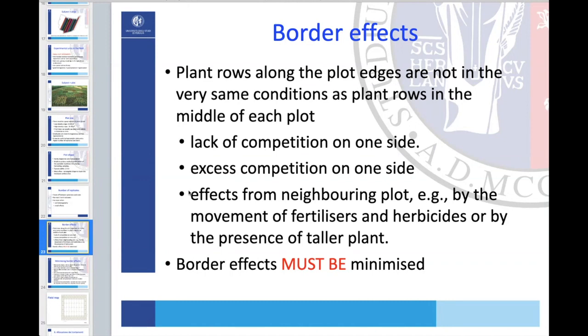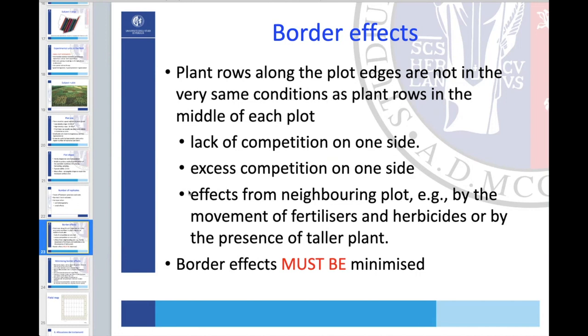So border is always a very difficult situation, and we need to avoid border effects if possible. But that is not possible, and therefore we try to minimize border effects.